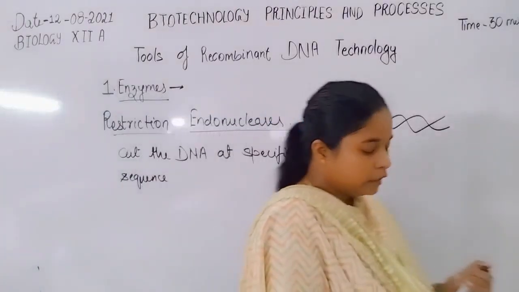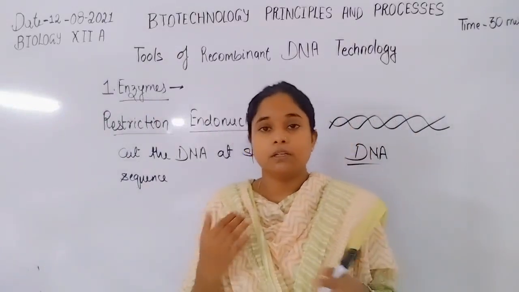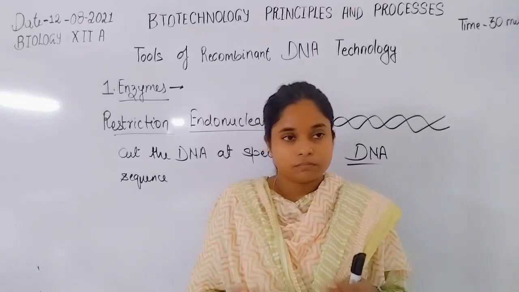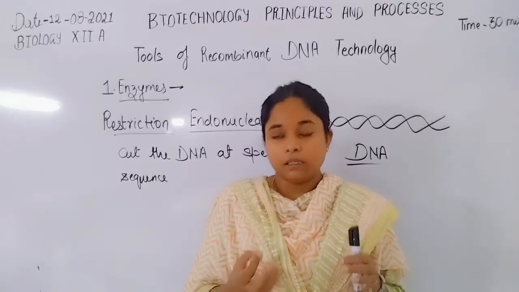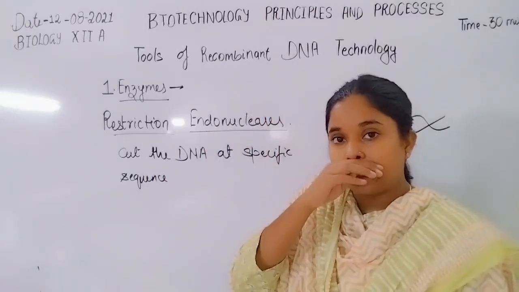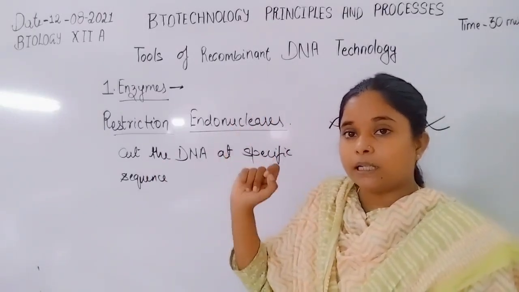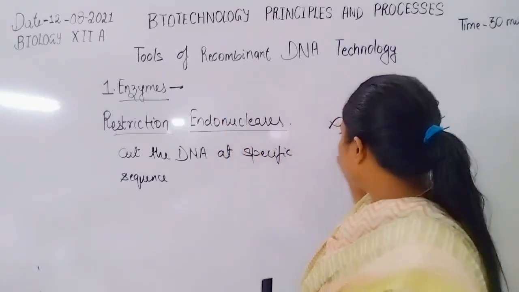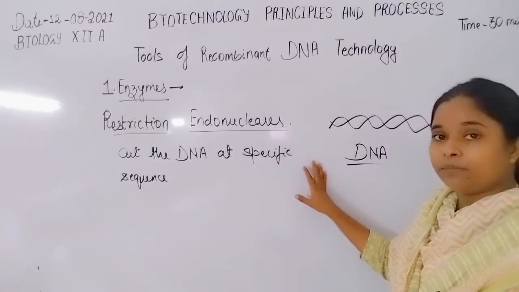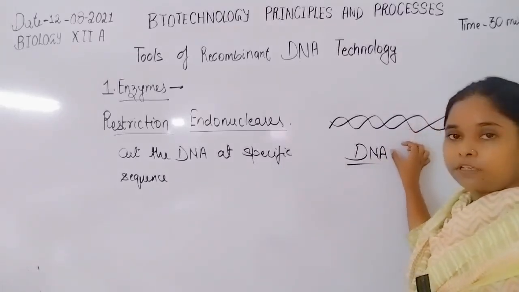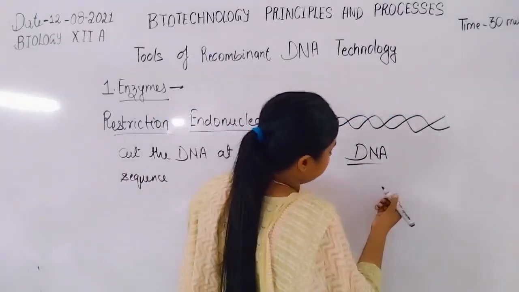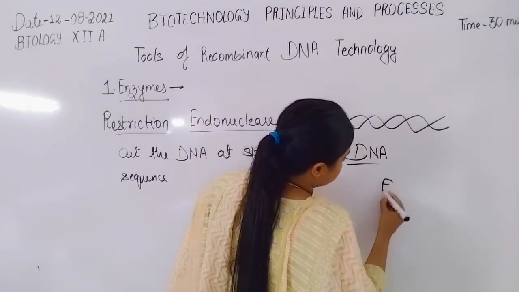About 900 types of restriction endonucleases have been discovered. These endonucleases cut at the inner side of the DNA molecule, at a specific sequence. For example, the restriction endonuclease EcoRI.